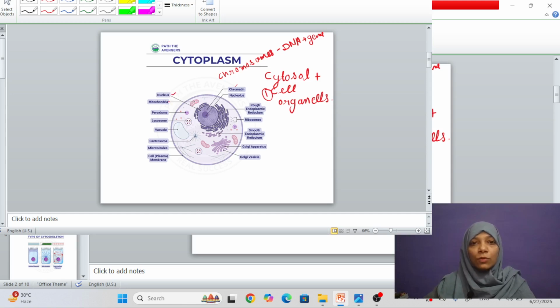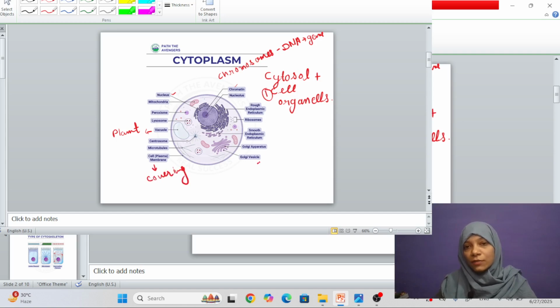Here is the mitochondria, here is the peroxisome, then the lysosome, then the vacuole, which is only present in the plant cell. Actually, it is absent in the animal cell and present in the plant cell. There are some centrosomes, then microtubules, then this is the plasma membrane, the boundary or covering of this cell.